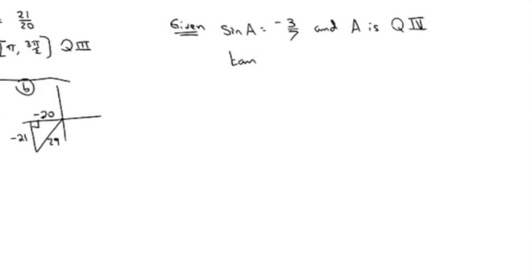Tangent of B is equal to 2/5, and B is in quadrant 3. Good. See, at least I've been listening. Find the tangent of A minus B.